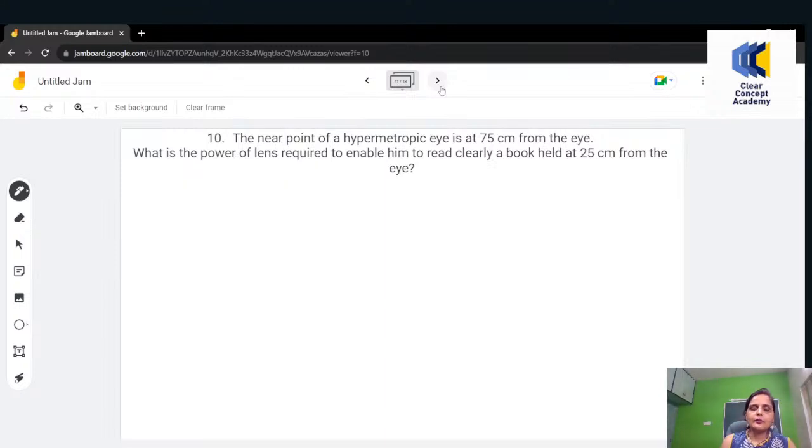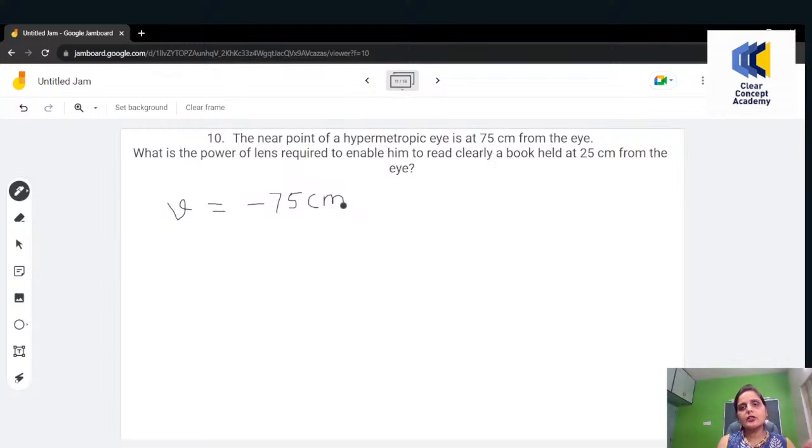The near point of a hypermetropic eye is at 75 centimeter from the eye. Okay. So they have given you the defect, they have given you the shifted near point. So shifted near point is nothing but V, and since it is to the left of the lens, it is taken as minus 75 centimeter. In case of hypermetropia, what is the object distance?